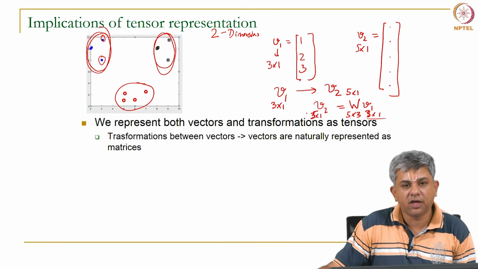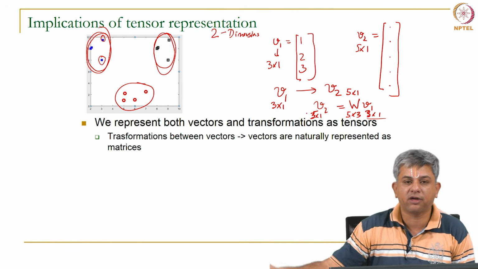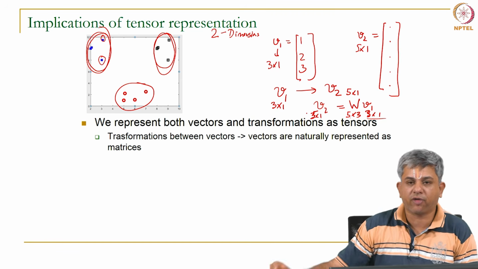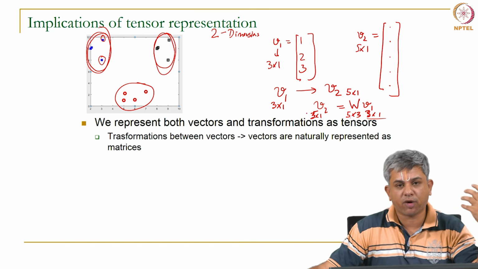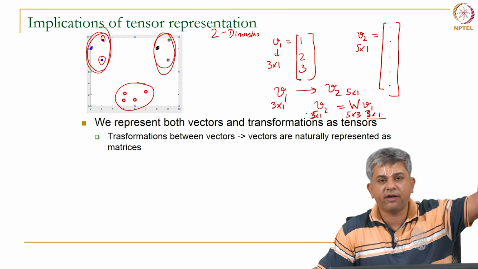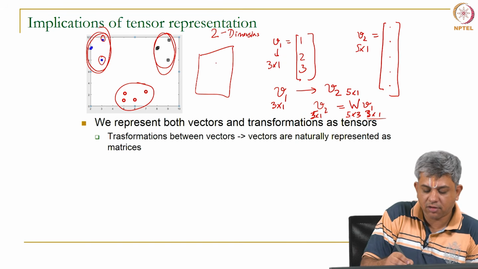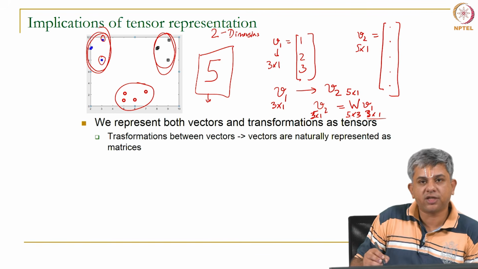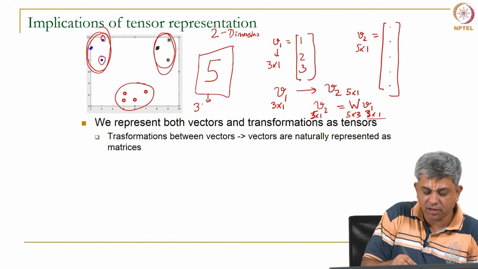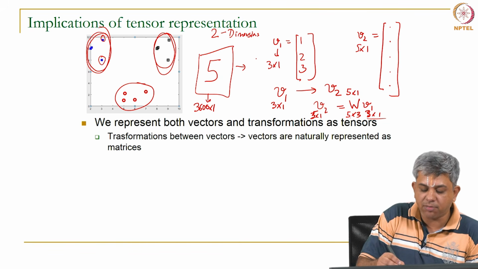The point is, the natural transformation or mapping between one vector and the other vector is to put a matrix up front. Once again, I would like you to think about the image classification problem that we were looking at earlier. I had an image, and this image was represented, remember, as a 3600 cross 1 vector. My output is simply a scalar.